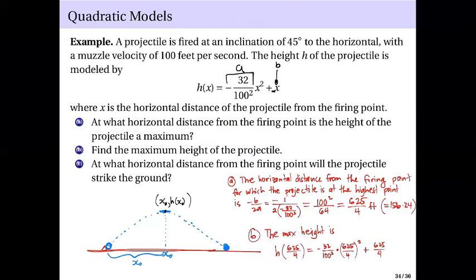I'm going to factor out 625 over 4, so I will be left with 32 over 100 squared times 625 over 4, and then the plus 1 there.